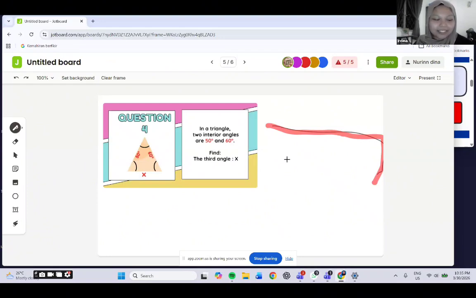So anyone, the last question, who wants to try? It's okay if it's wrong. Later we will see what is the answer scheme for it. Or if you want, you can put your answer in the chat box, that is also okay.